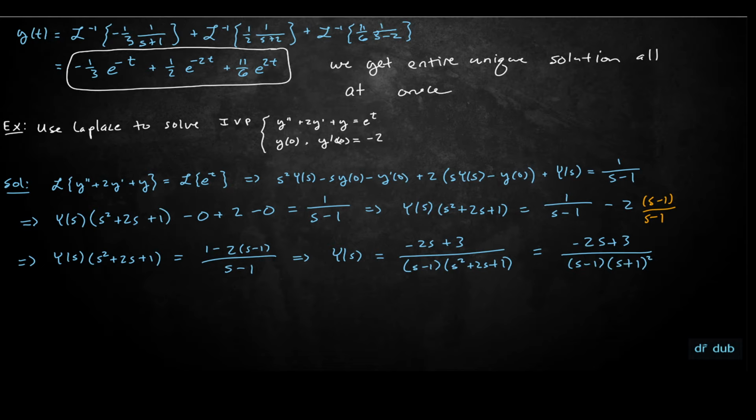And so we need some partial fraction decomposition for this: negative 2s plus 3 over s minus 1 times s plus 1 squared. Partial fractions are going to be A over s minus 1 plus B over s plus 1, and then C over s plus 1 squared.